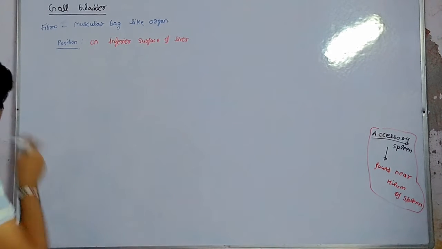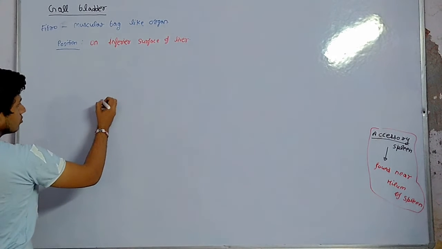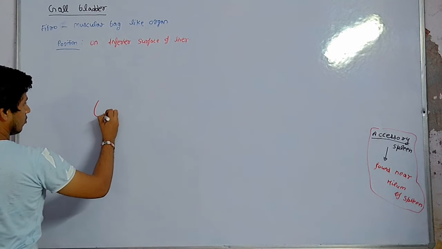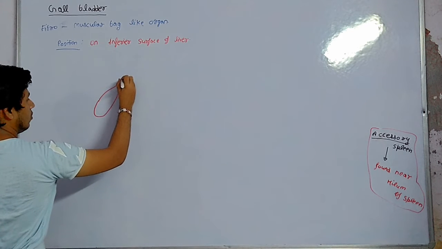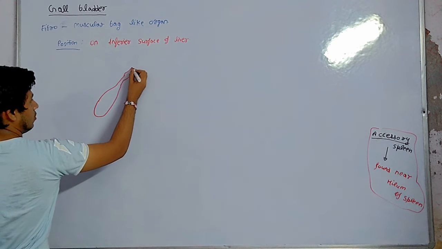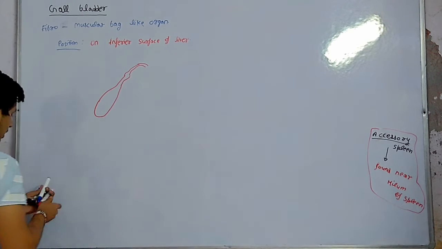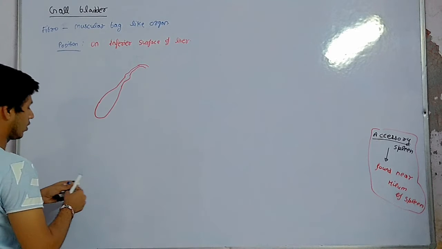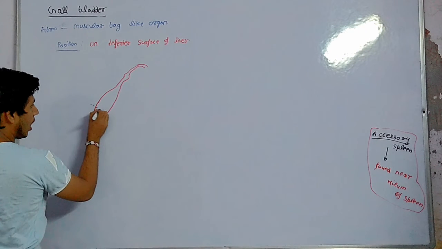Then we can draw the gallbladder like this. Let's say this is the inferior surface of the liver, and this is the gallbladder. Gallbladder has some important parts.